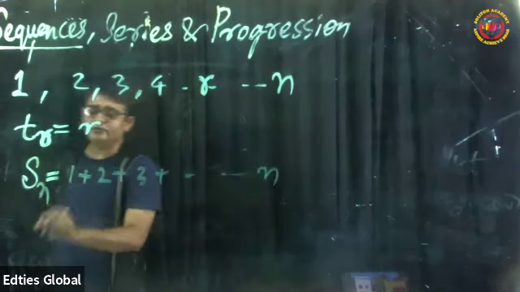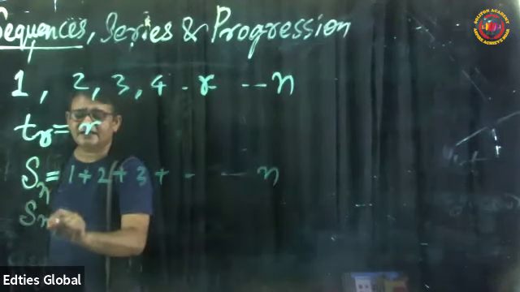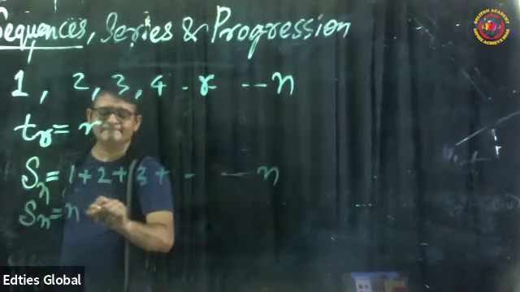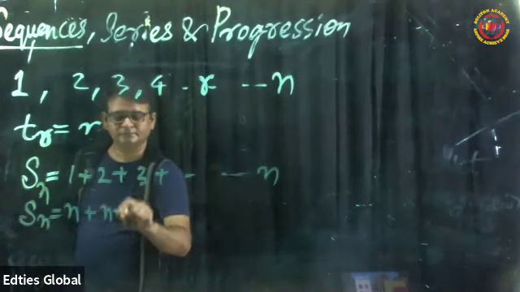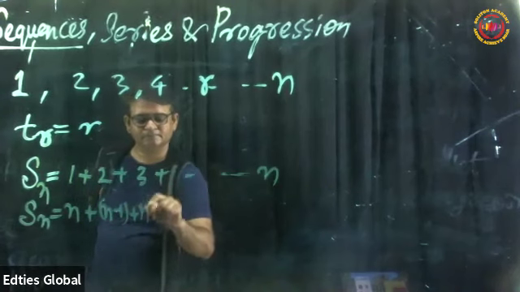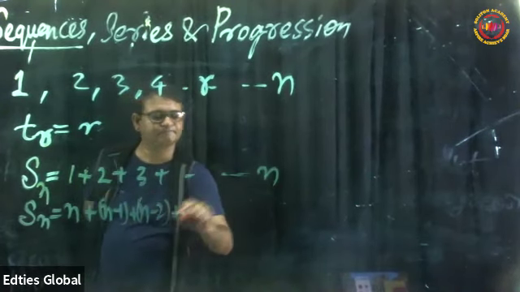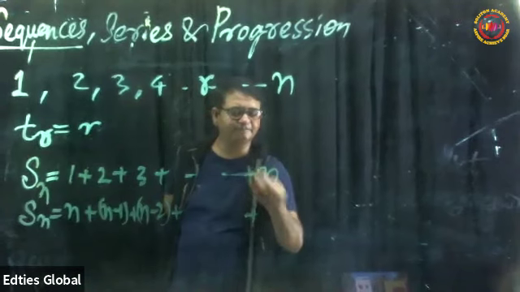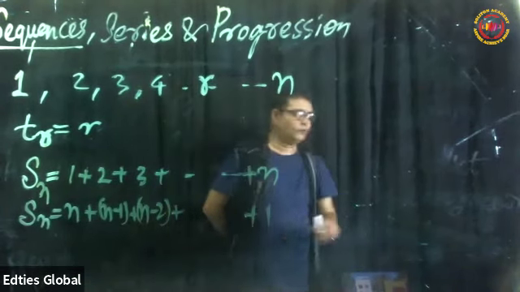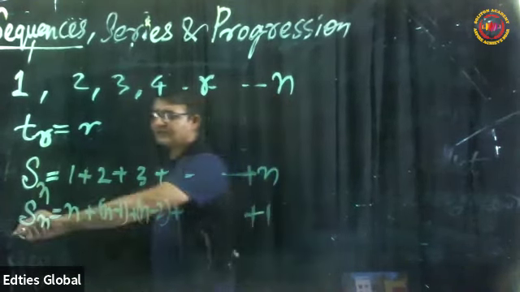Now I'm going to write the same Sn in inverse order, till the last term. Now I'm going to sum them up.